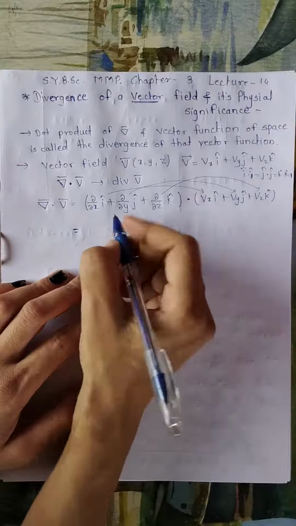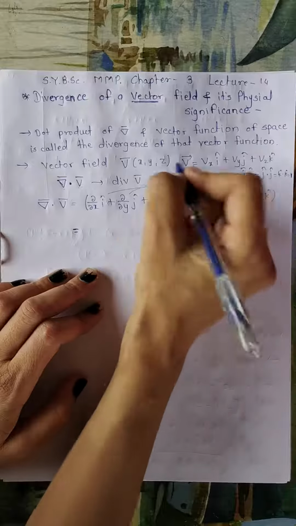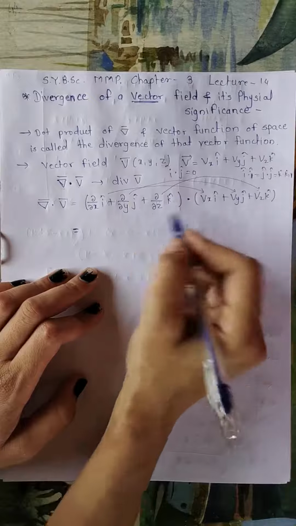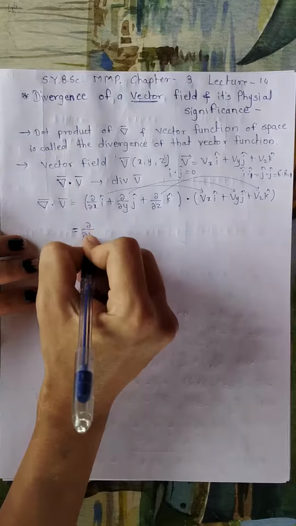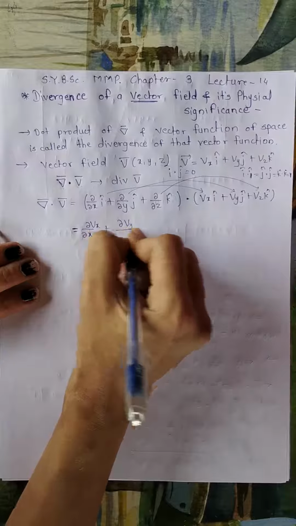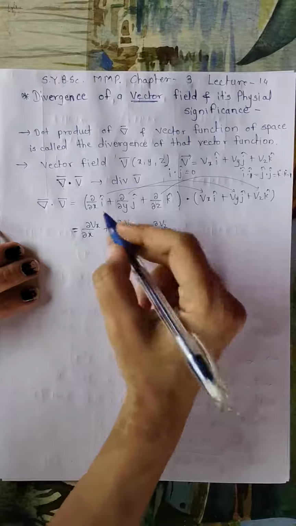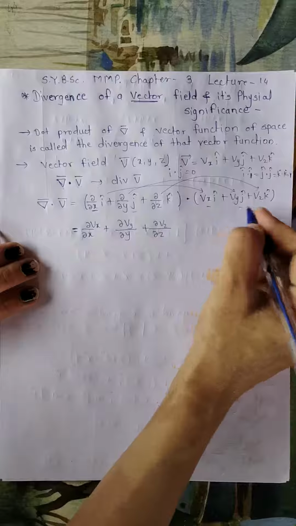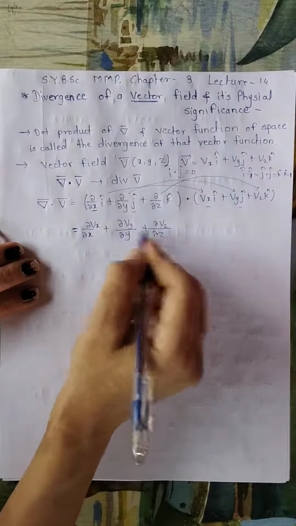We will use this property, and the dot product with other vectors is 0, that is i dot j will be 0, and same for the remaining combinations. So here we will get this dot product as dou vx upon dou x plus dou vy upon dou y plus dou vz upon dou z. Since i dot i, j dot j and k dot k are 1, the remaining products are 0.